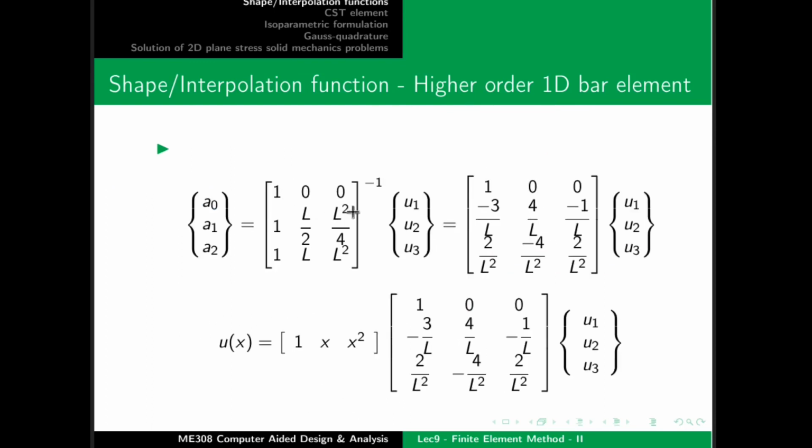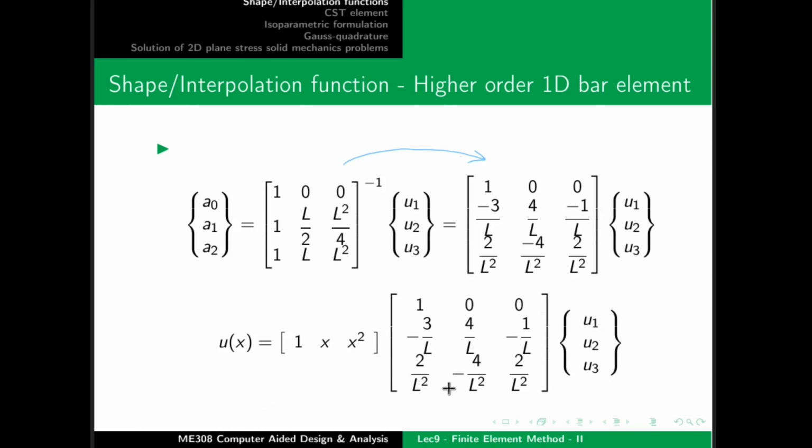The inverse can be calculated; I am not going into the details of that. So that's this, you can see. So u of x equal to 1, x, x square, and this matrix, times u1, u2, u3.